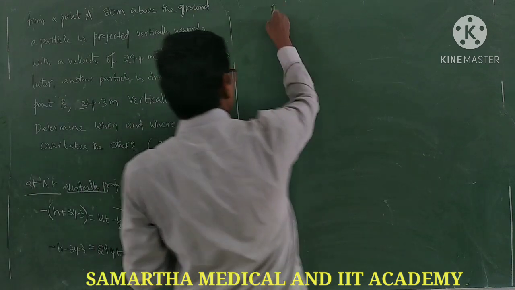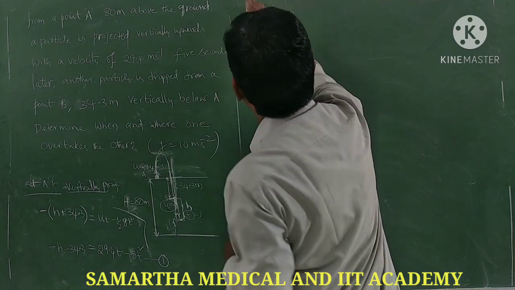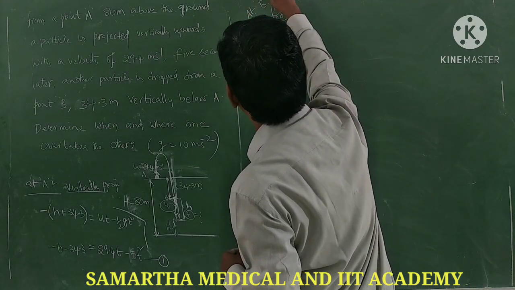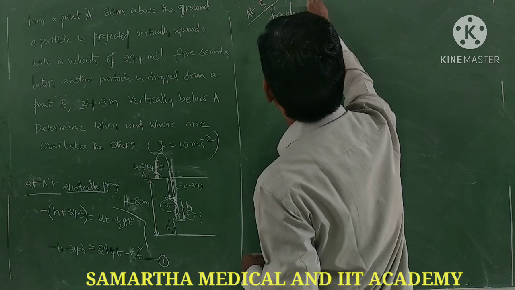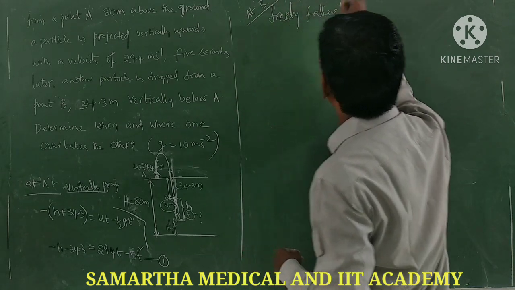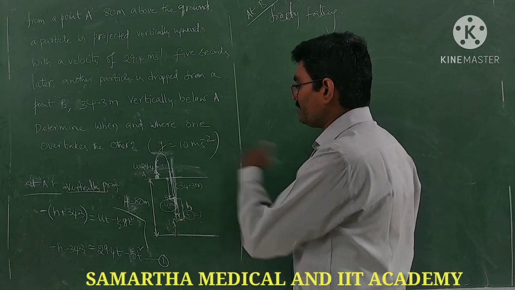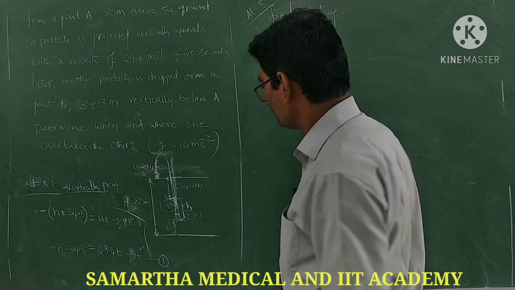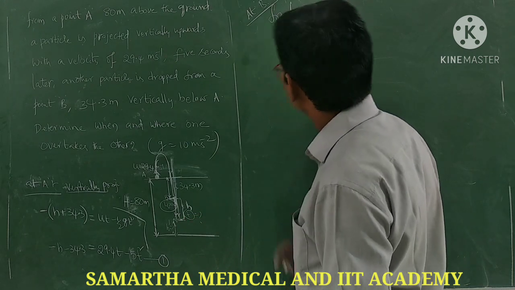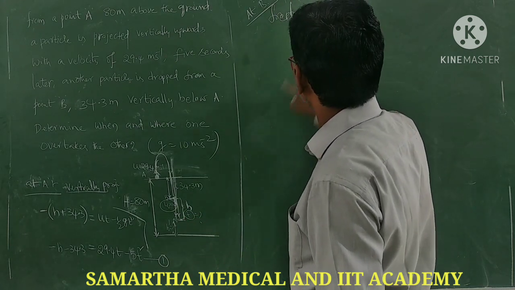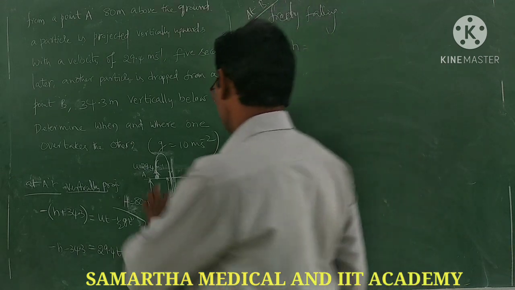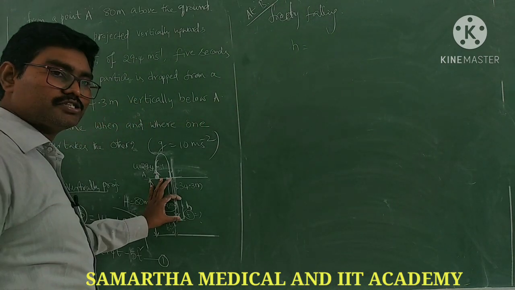Next one, freely dropping at B, freely falling. Tell me for freely falling at point B, h equals to half g t square. This is h.